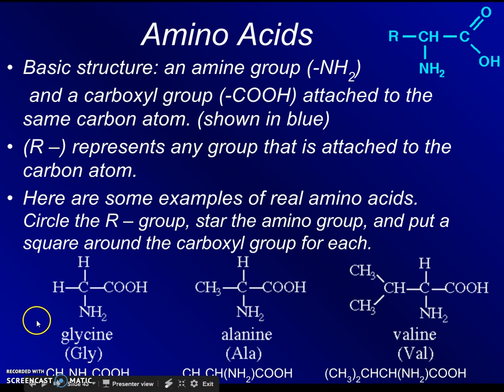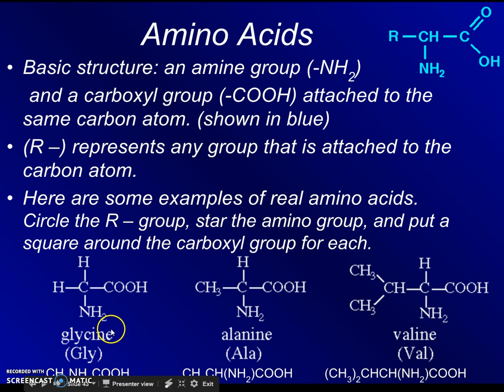So here are some real amino acids. Let's circle the R group, star the amine group, and put a square around the carboxyl group. So do this in your notes with me. Actually, let's start with the amine group, okay? The amine group is the NH2. So we're supposed to star it.